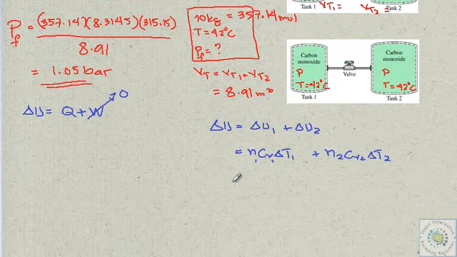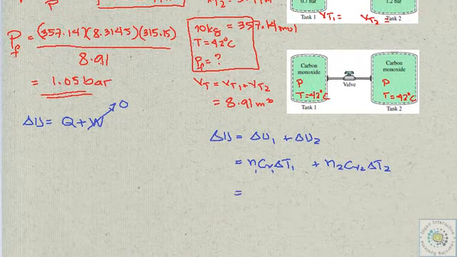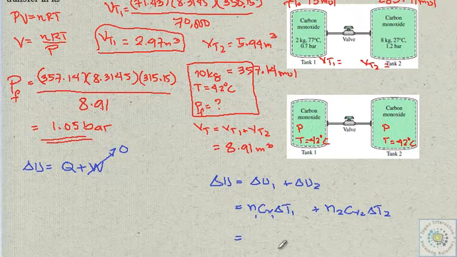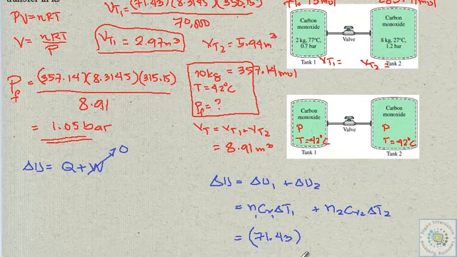Well, the first number of moles will be, for 2 kilograms, 71.43. By the way, what is CV? CV for an ideal gas, for this diatomic carbon monoxide, is equal to 5 halves R, and we know R, of course.